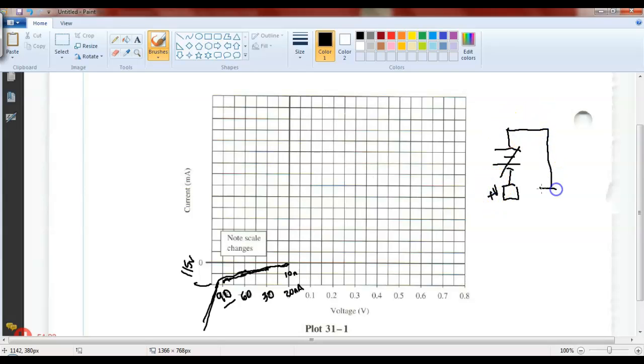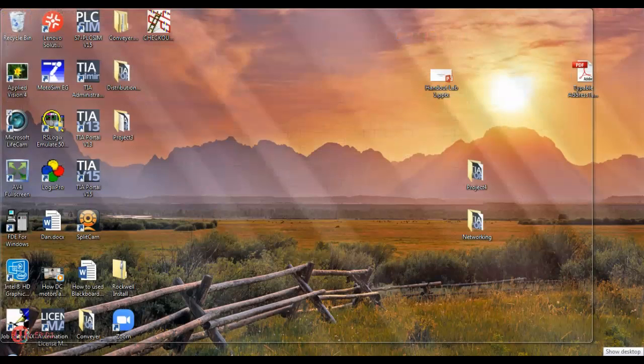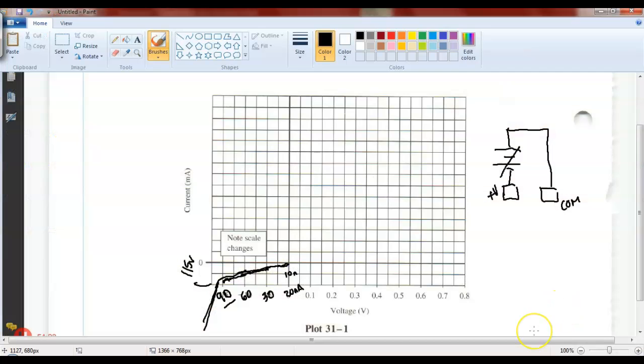You're going to use the one called common. Do they call it common? No, they call it ground. I will not call it ground. The trainer calls it ground. How do they abbreviate that? G and D. That is not ground, and it's got a couple of y'all messed up.